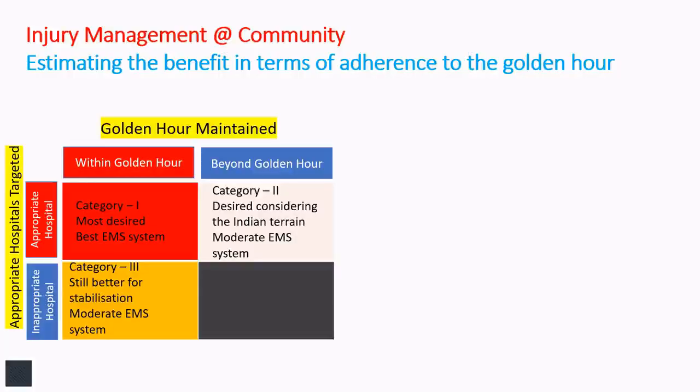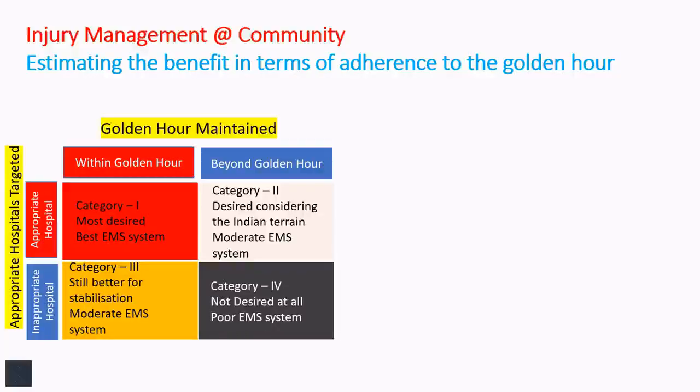Still, compared to category 2, this is not desired, because the patient is in an emergency, and if the patient is severely injured, transporting the patient from one location to another with a halt in between may not provide a positive outcome as far as patient survival is concerned.